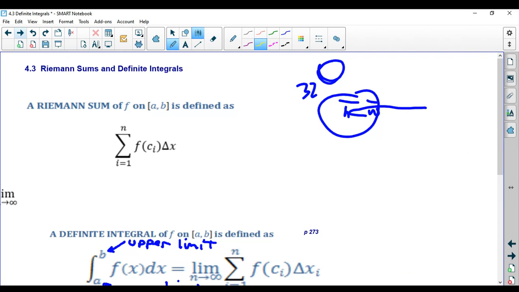A definite integral will take the sum of a certain number of rectangles, but not a certain number. If we take the limit as n goes to infinity, now we have an infinite number of rectangles, and this will be an area. Now, how that relates to integration is this.